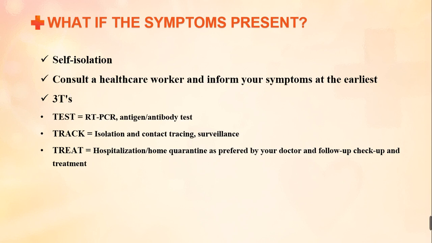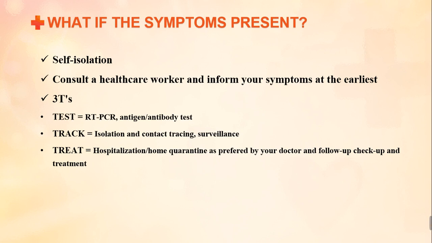For testing, there are RT-PCR, antigen and antibody tests. For tracking, isolate yourself, make sure from whom you got the COVID, and tell all the persons who have been in contact with you, so that we can prevent a super spread.